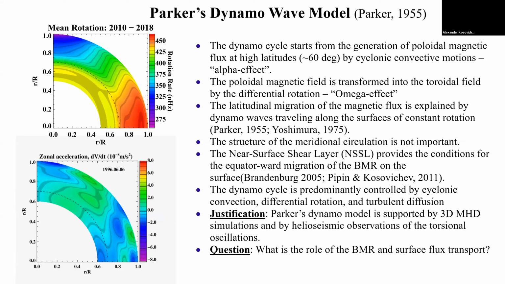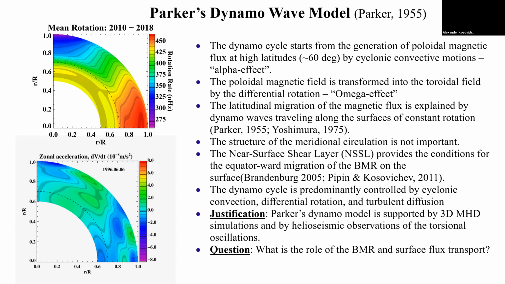And then the latitudinal migration of the magnetic flux is explained by a dynamo wave traveling along surfaces of constant rotation. In this case, the structure of meridional circulation is not important in this model. And the near surface shear layer provides conditions for equatorward migration of bipolar magnetic regions at the surface, explaining the butterfly diagram. So this dynamo cycle is predominantly controlled by cyclonic convection, differential rotation, and turbulent diffusion.